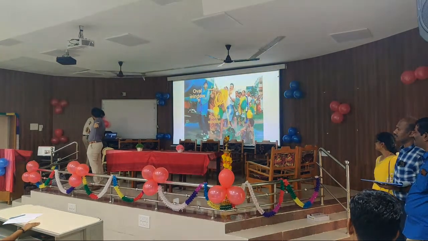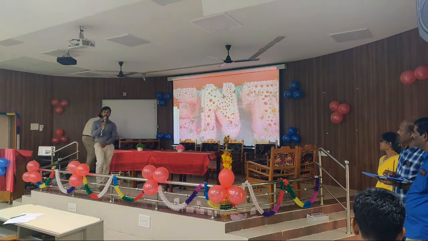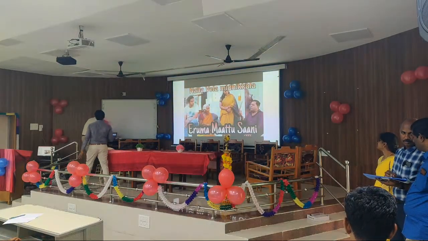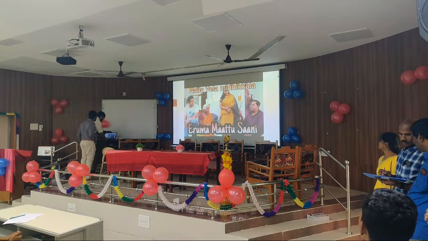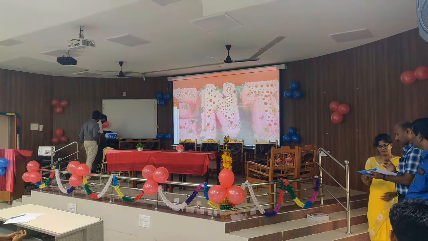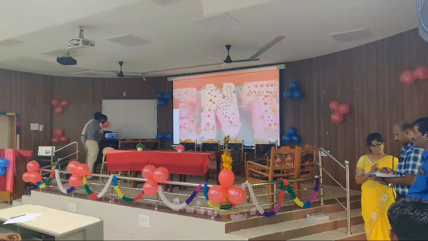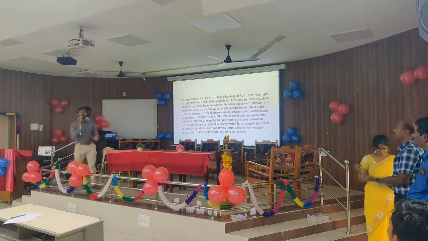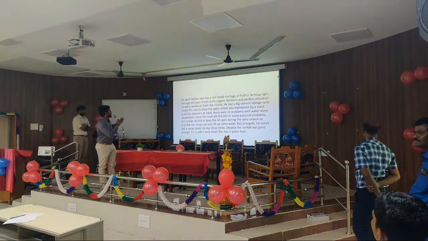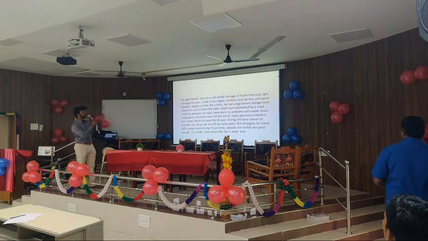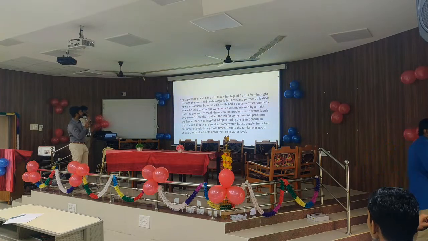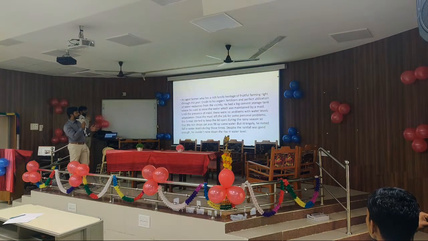So you have to get into the story first. Read the story carefully. You have to answer the questions at the end. An aged farmer who has a rich family heritage of fruitful farming right through the year, credit to his organic fertilizers and perfect utilization of water resources from the vicinity, had a big cement storage tank where he used to store the water, which was maintained by a maid.